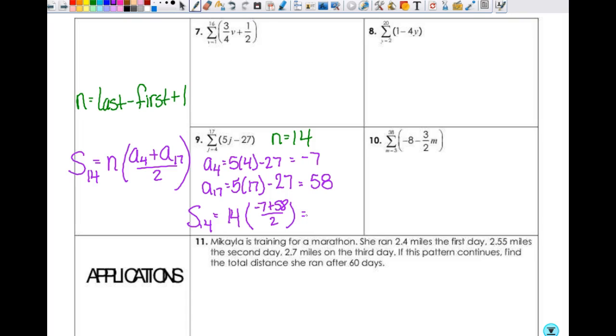So what do we get in the end? 714? I don't think so. 357, yeah. Did you use negative 7? Yeah. Plus 58? Oh, okay, well, that's the same thing. So 51 over 2 times 14?